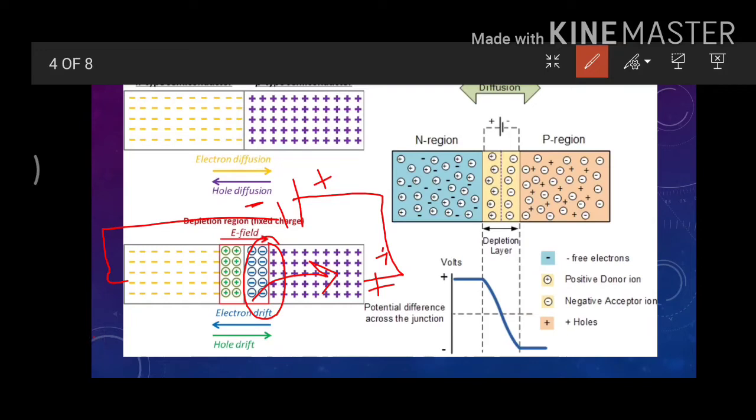Hence again this phenomenon of jumping which we talked about in the last section, that electron jumps from one hole to another, or the hole jumps from atom to atom.